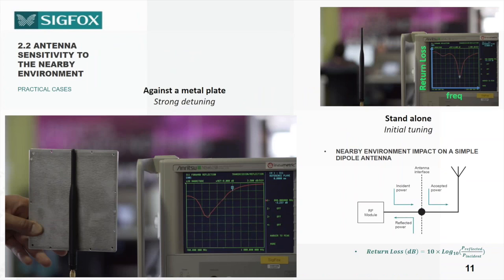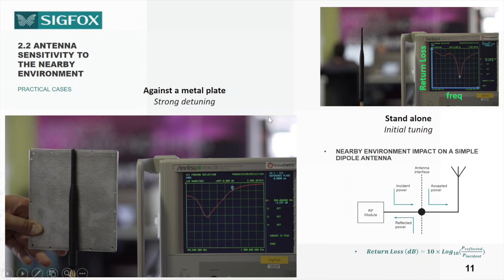Okay, so now we will go through a few examples to show you how sensitive an antenna is. The parameter we will look at is the return loss. In the top right picture, we have a simple dipole, and with a vector network analyzer, we can look at the return loss directly. Where we have the marker, the small bluish point, this is the resonant frequency.